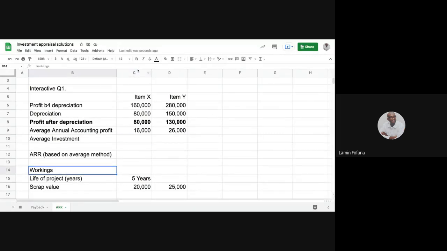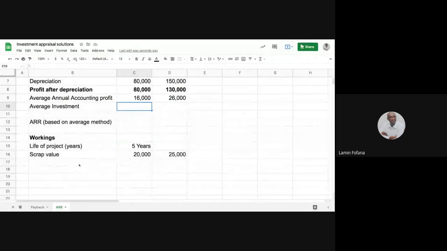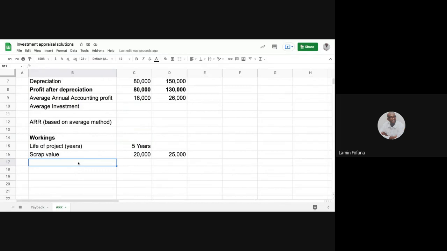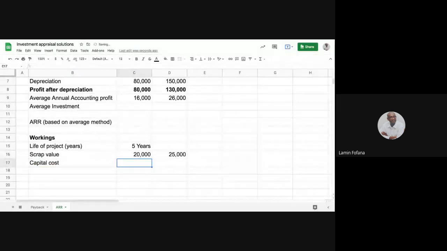This side is the working. Of course, we can put our initial investment also here, we say capital cost. We can type it here, it doesn't matter.